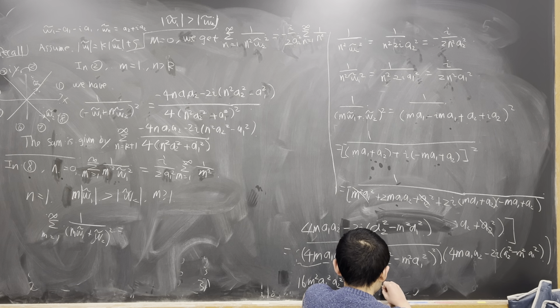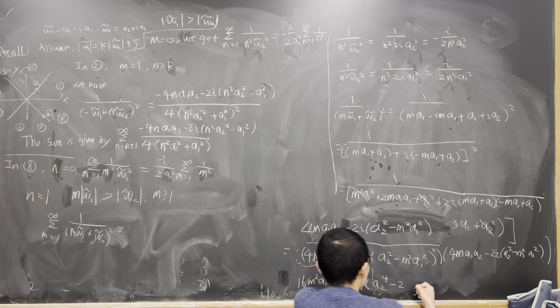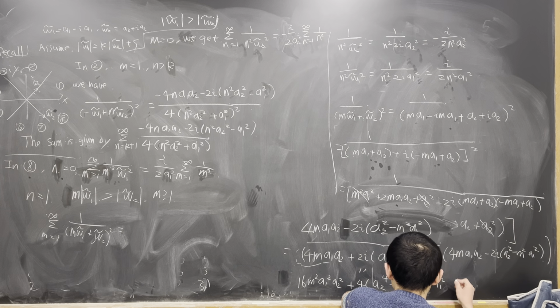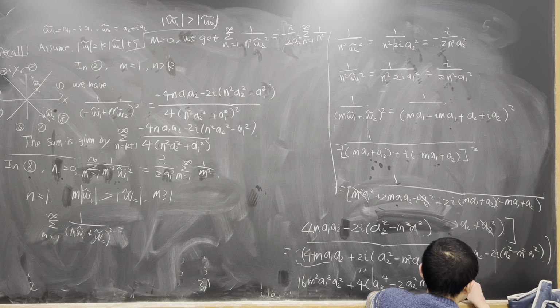So a2 to the 4th power minus 2 a2 squared times m squared a1 squared plus m to the 4th power a1 to the 4th power.